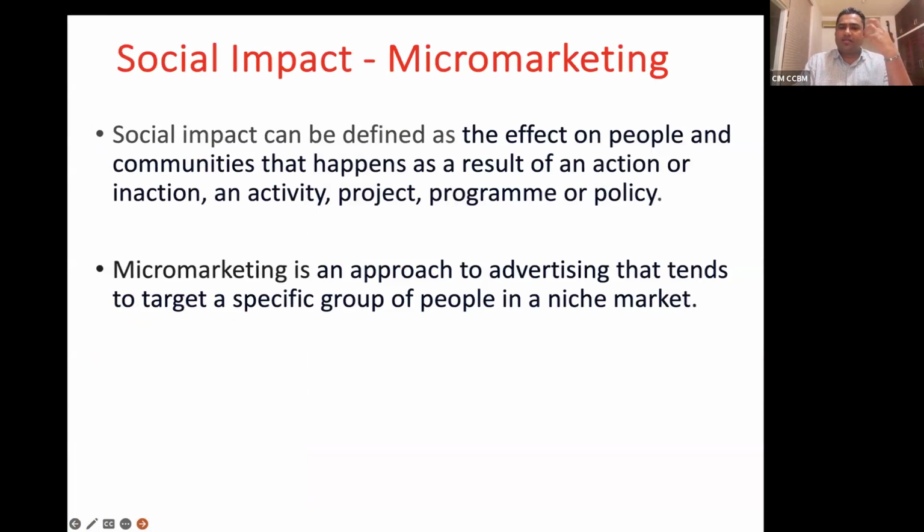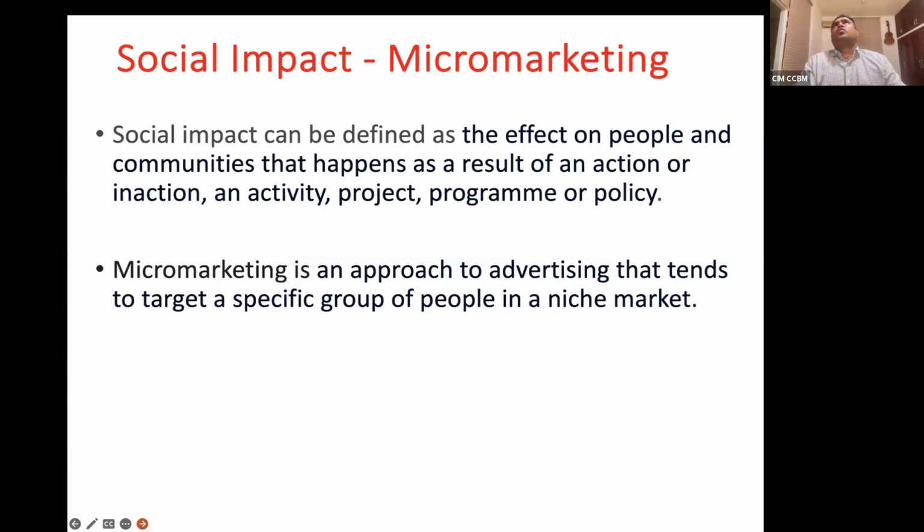Micro marketing is an approach to advertising that tends to target a specific group of people in a very small niche market. That is what micro marketing is all about. So you target a very specific small group of people.